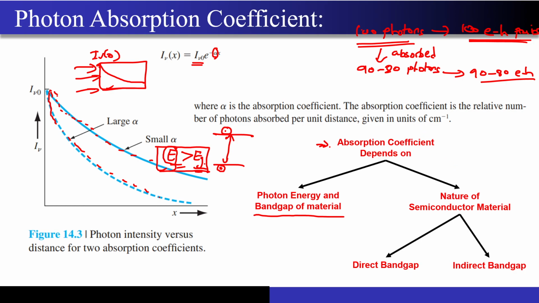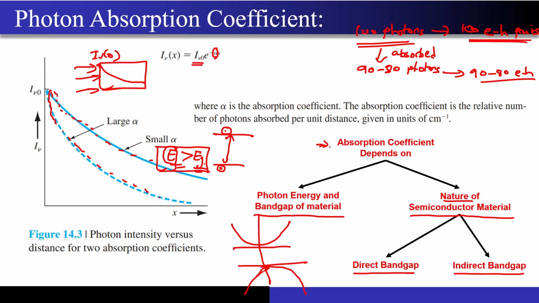The next thing it depends on is the nature of the semiconductor material. What do I mean by that? Whether it is a direct band gap or an indirect band gap semiconductor material. If I draw the E-K diagram, this is my conduction band and this is my valence band. It is very easy for electrons to jump directly from here to here.